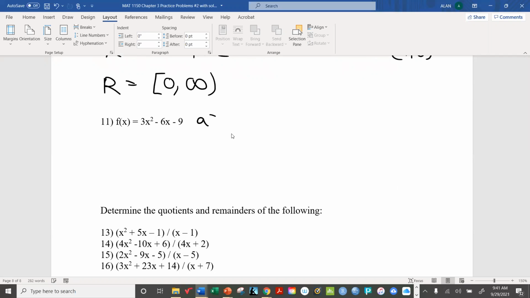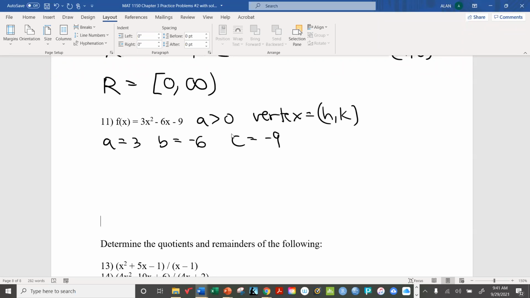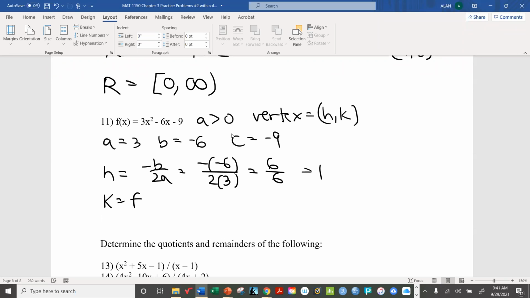So whatever vertex we get, K is going to be the minimum value for the range, okay? Okay, so once again, okay, and then K is f of h.